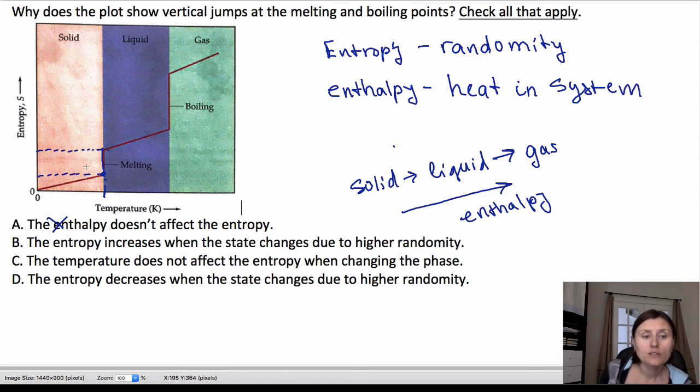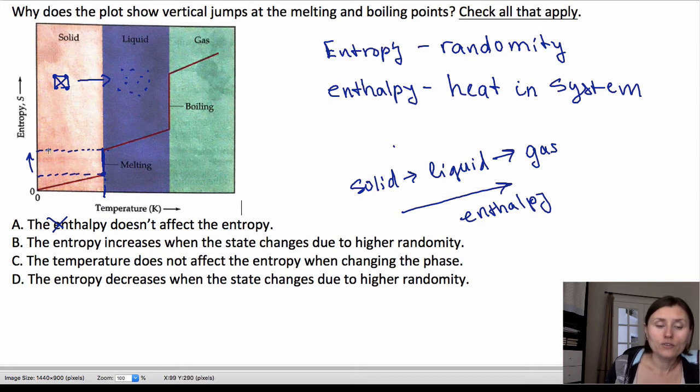We see that the entropy increases when the state changes, and this is the state change line, due to higher randomness. If you think about it, in a solid the crystals are stuck together. They're not moving. Now in liquid, all of a sudden, the crystals break apart, and you have particles that are starting to move around.